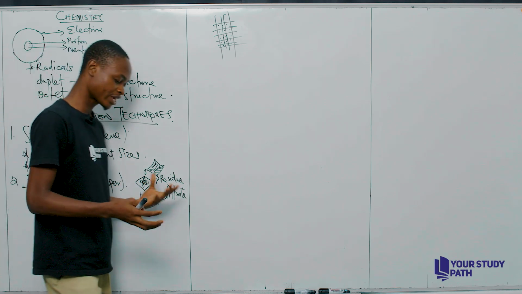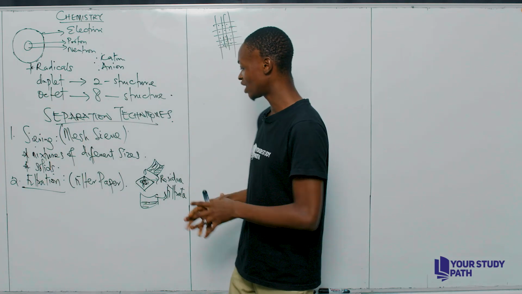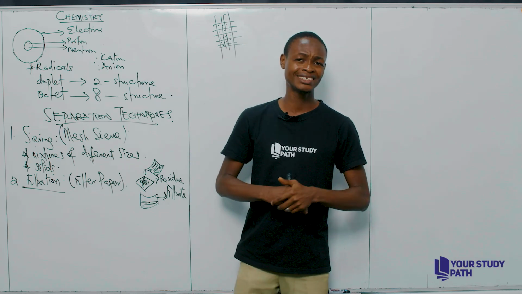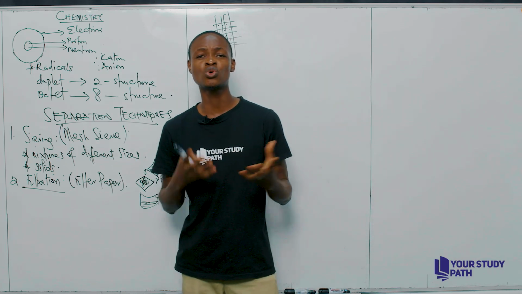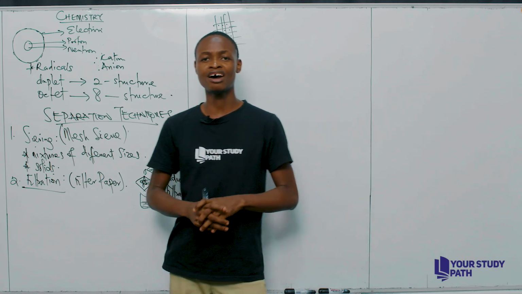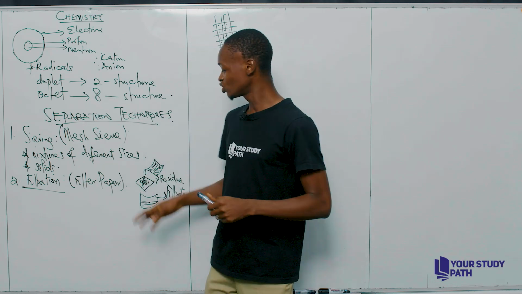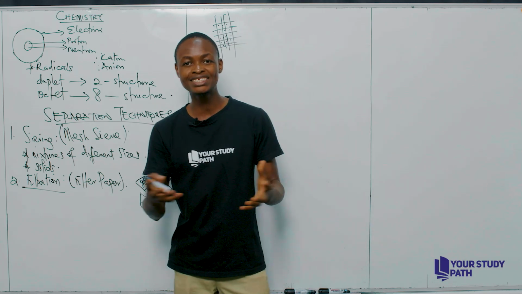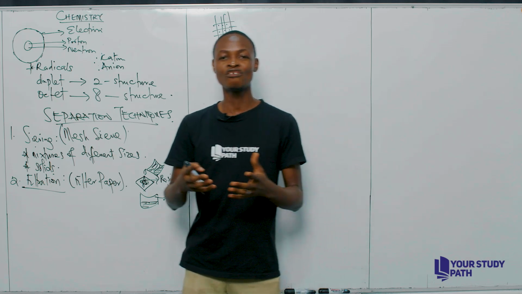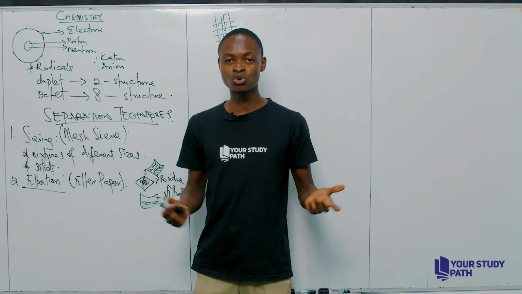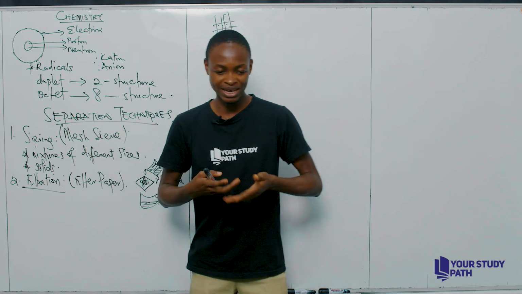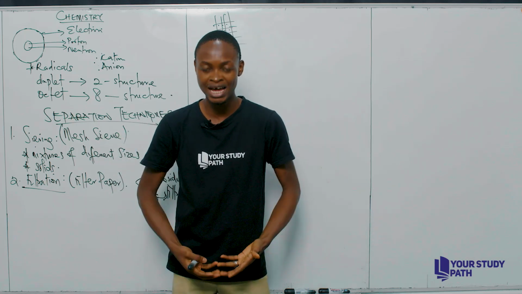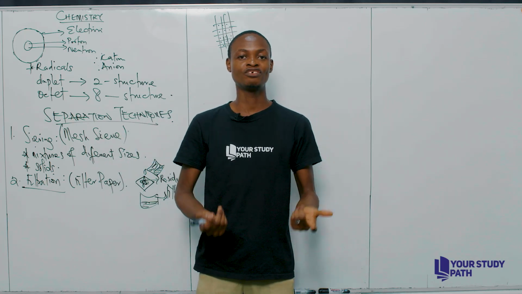So you might wonder, okay, this looks nice, all well and good. But if I use the filter paper as it is, there's a possibility that I might not be able to hold all the solids I have. You can also use your filter paper with the help of a funnel. Using the funnel will mean that you now have larger room, and then you can simply place your filter paper in the bottom hole of the funnel.